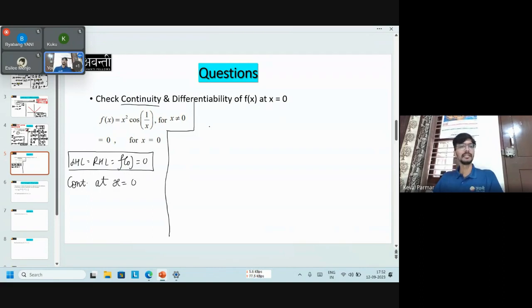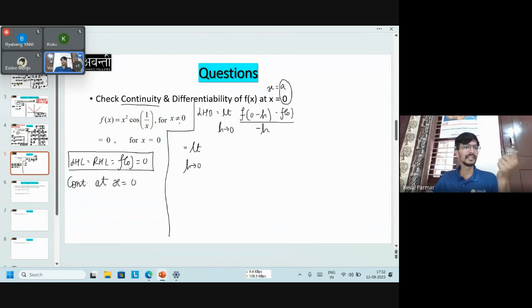So for differentiability, same two things, LHD and RHD. Let's check LHD. LHD means limit h tends to 0, f of 0 minus h, at x equal to a, so a is 0, minus f of 0 upon minus h.